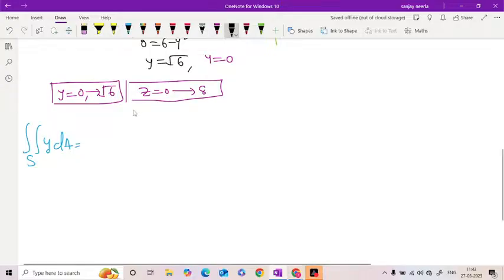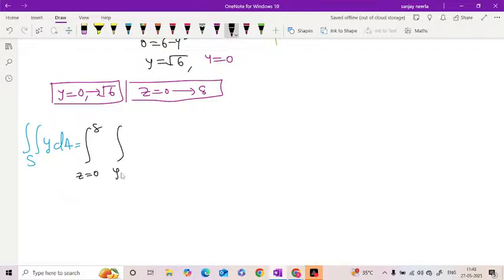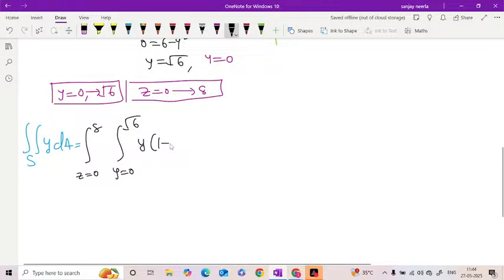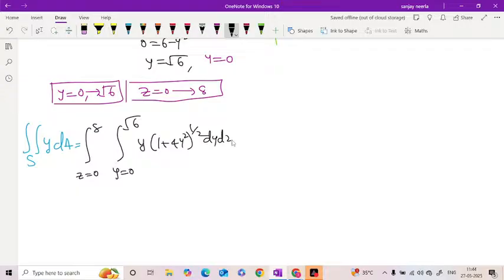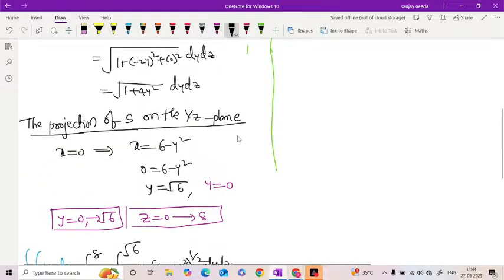Now z goes from 0 to 8 and y goes from 0 to root 6, and what is our function? y is the function, and dA is, what is the dA result? dA is (1 plus 4y square) whole power 1 by 2 into dy into dz.